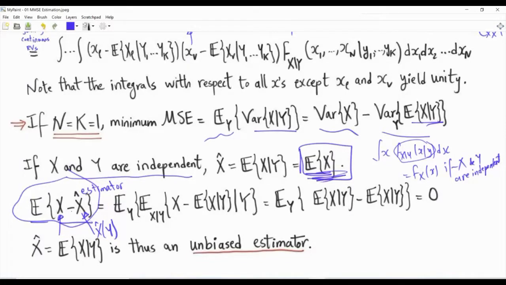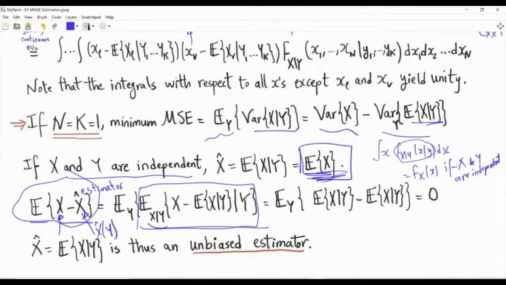Now we know that we can do things in two ways. We can take the expectation of x given y, and then take the expectation with respect to y. This comes from the fact that you can write the joint distribution of x and y as the distribution of x given y multiplied by the distribution of y. So you can focus initially on the conditional distribution. What is the inner expectation here?